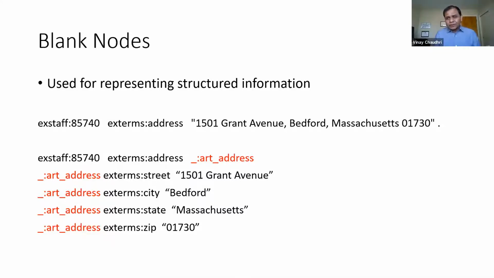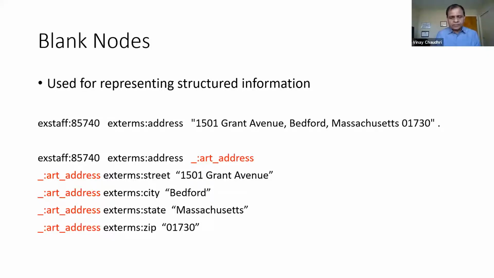But we don't have need to refer to the whole address string by itself. So to have that level of detail, we can introduce an anonymous object. The anonymous objects begin with an underscore, and we can use those objects within the scope of the current RDF document.